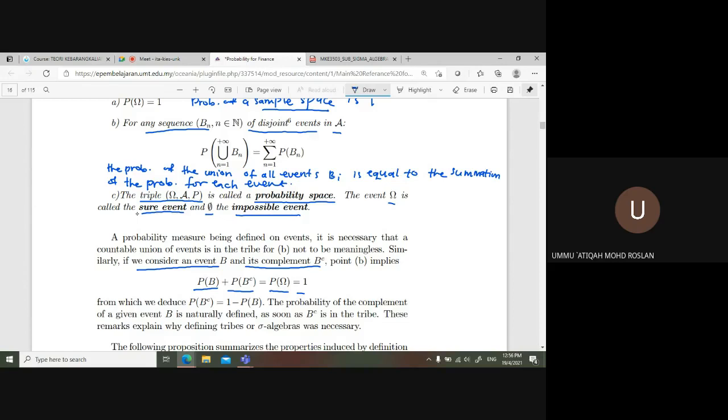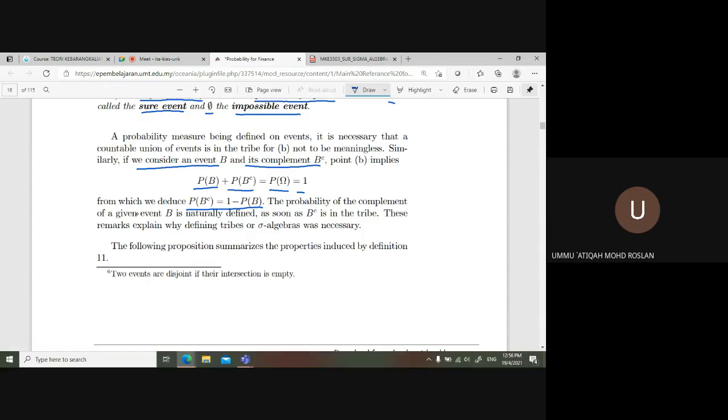Or we can also write it in another way. Next we're gonna see some properties of the probability measure.